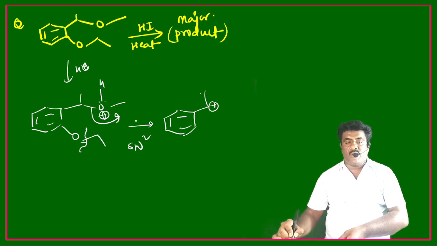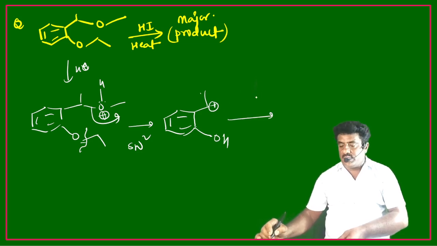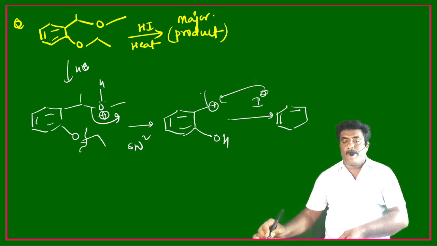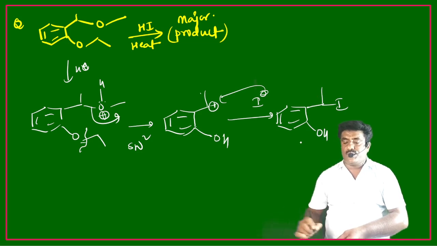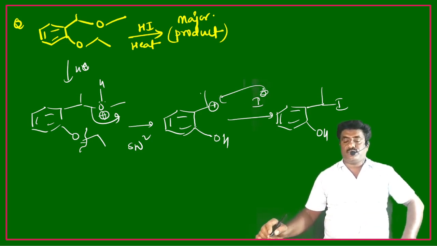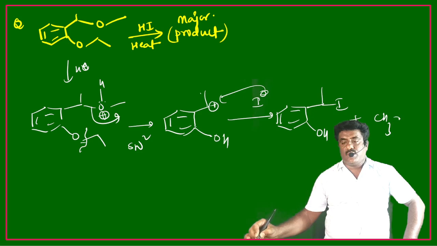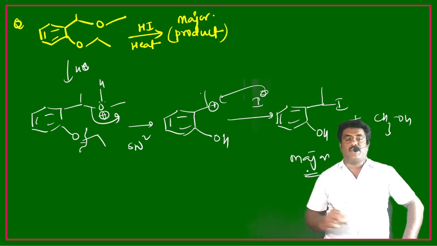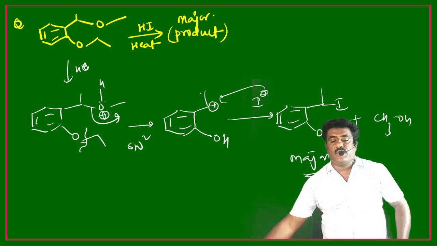So here also there is breaking of the carbon-oxygen bond, forming phenol, OH. Yes. Again it is treated with I-. What happened? It is OH. Yes, this is the product. It undergoes an SN2 mechanism and forms CH3OH. See, this is the major product.